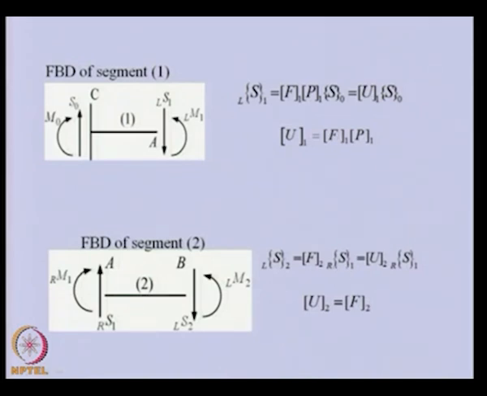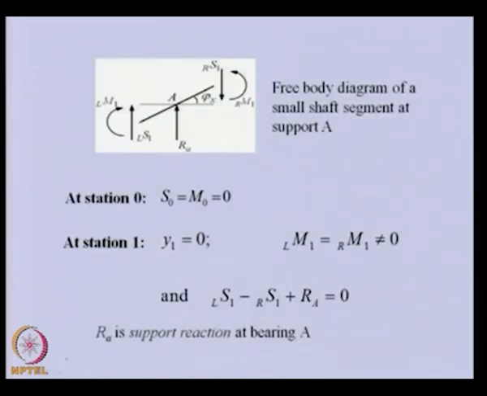Now, let us see the free body diagram of the support. The free body diagram of the support is this one, which we drew earlier. Now, apart from the support, what are the boundary conditions we have in the overall system?